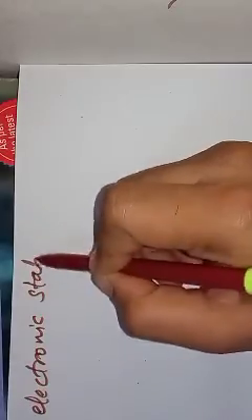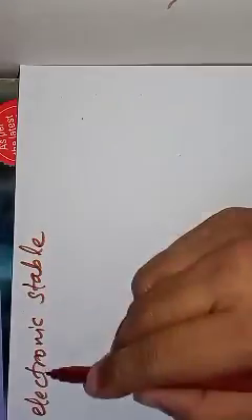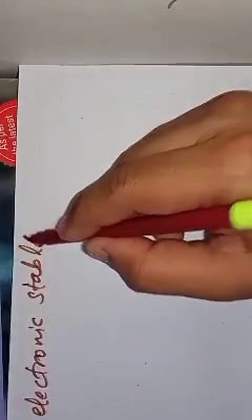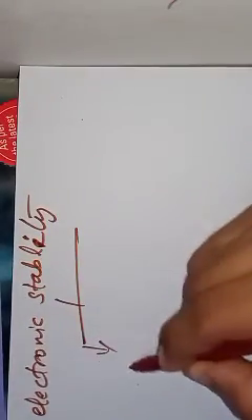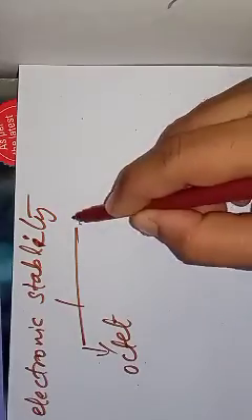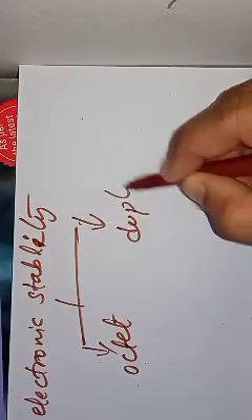Now try to understand this one. Now, what is electronic stability? What is electronic stability, and why do atoms lose electrons? Okay, electronic stability, it is of 2 types: octet, duplet.